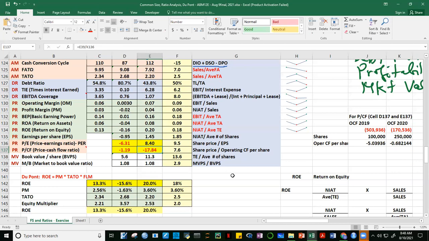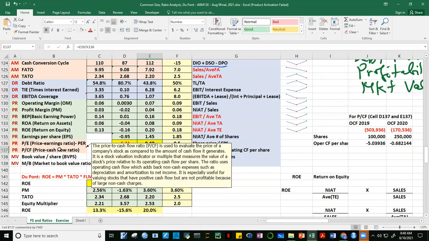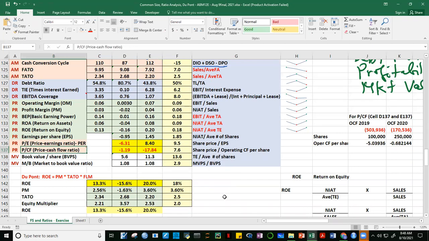Ang ibig sabihin niyan, para makakuha tayo ng 1 peso of operating cash flow per share, we have to pay 17.84 pesos. Okay, kasi yung numerator, denominator niya, guys, yan yung makukuha natin. So operating cash flow na piso, okay, kasi yan ang denominator natin, 17.84 over 1 means piso na operating cash flow per share. Tapos magkano yung price niya? 17.84.